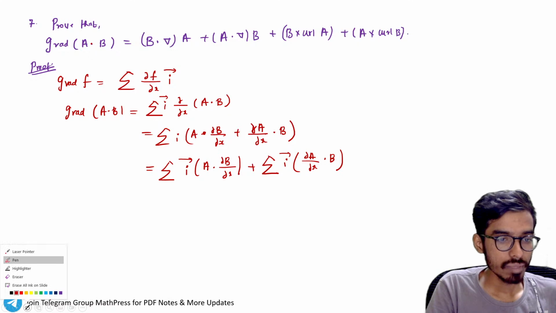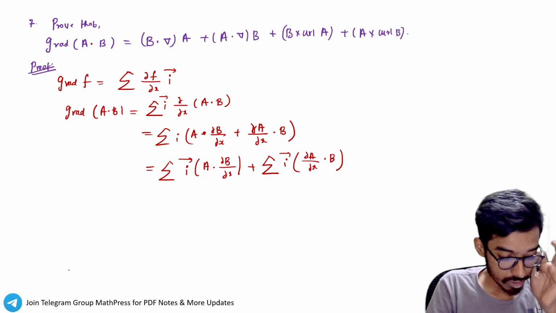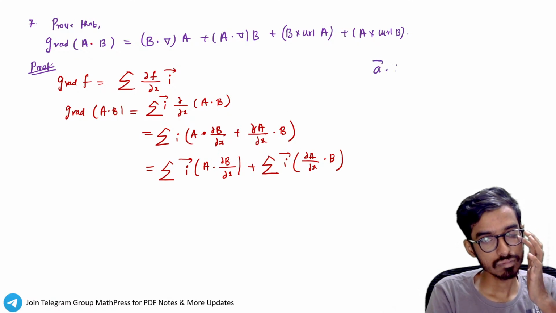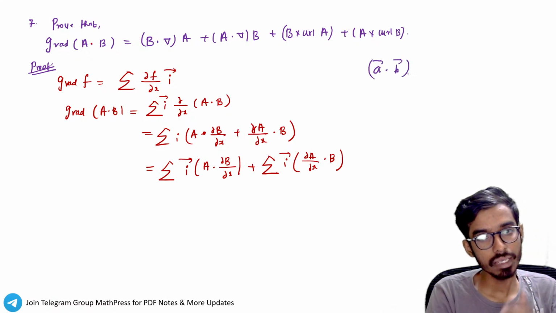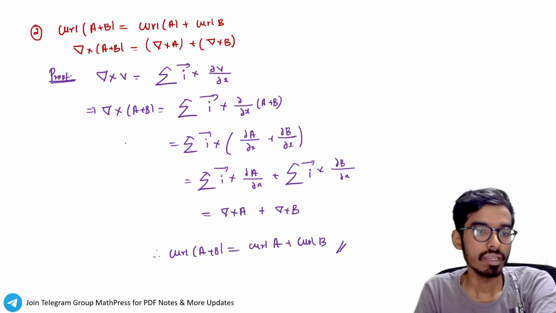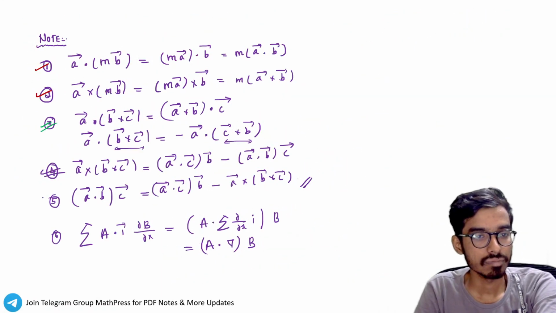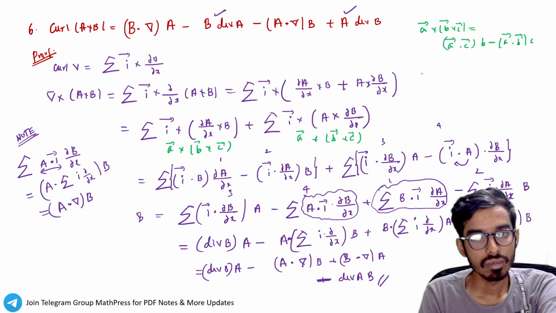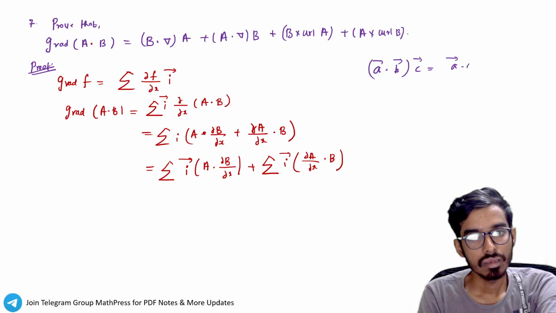Now here I'm going to make use of the property that A dot B into C is A dot C into B minus A cross B cross C, right?